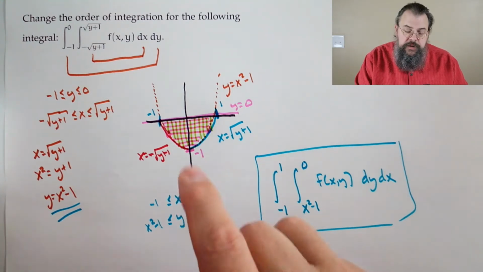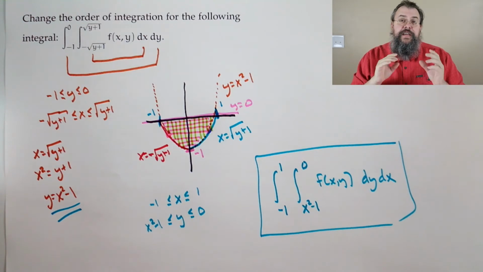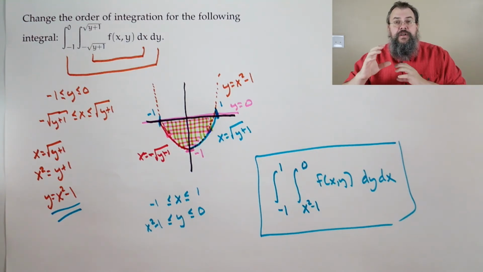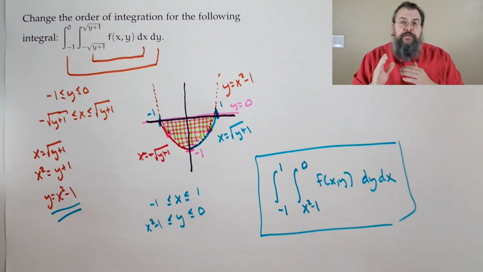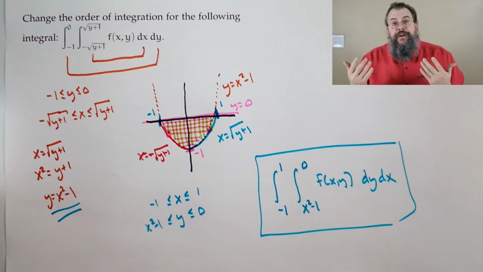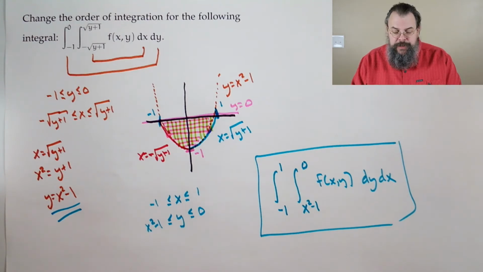In terms of the vertical slicing, there was a consistent top and bottom side. If you ever have a region where you have a transition, so the way I describe a side goes from one curve to a different curve, you have to make sure to break it up. So be prepared that you might have to break things up. It's also possible, by changing the order of integration, that you can put things together. We'll see some examples as we go on.